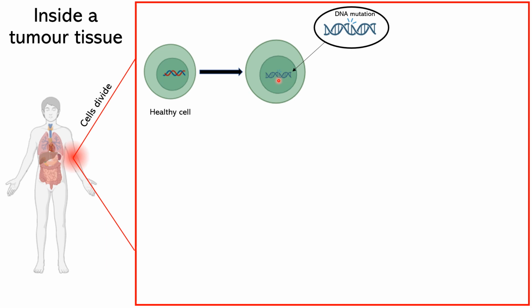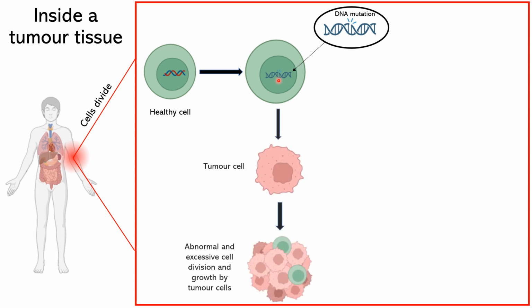However, the body and the cell can repair these mutations before they become cancerous. However, in some few cases, the cell cannot repair the damage anymore, and this will convert the cell to become a tumor cell.